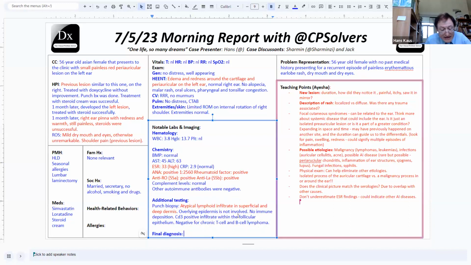Relapsing polychondritis is quite likely. However, the patient does not fulfill the criteria for relapsing polychondritis, which are the McAdam criteria. And the McAdam criteria include a bilateral auricular chondritis, non-erosive, seronegative inflammatory polyarthritis.